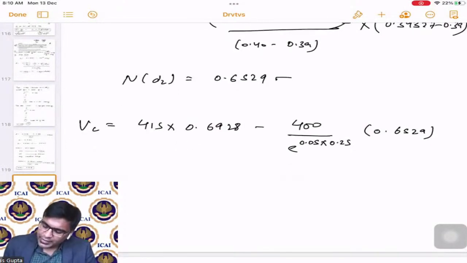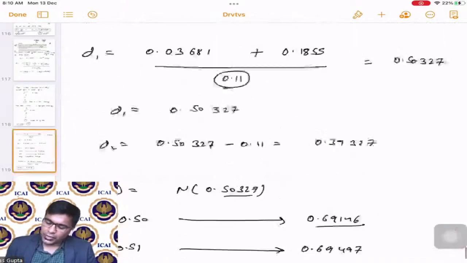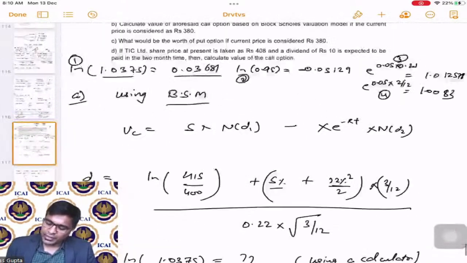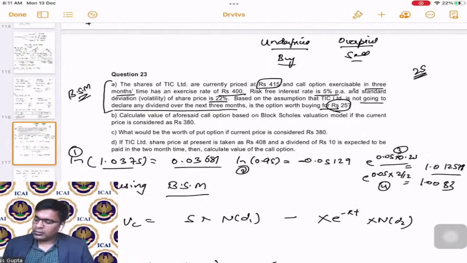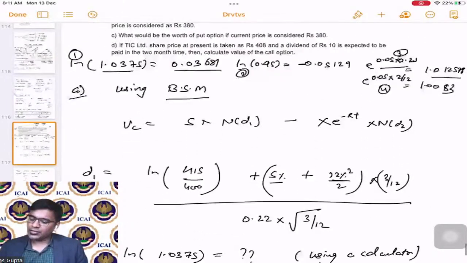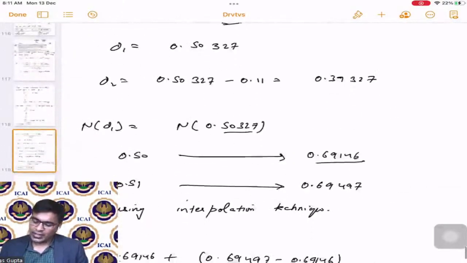Now, students, this value, I have already asked you to make a note of it, because in the previous question it was mentioned. And this also is there, which is 1.012578.